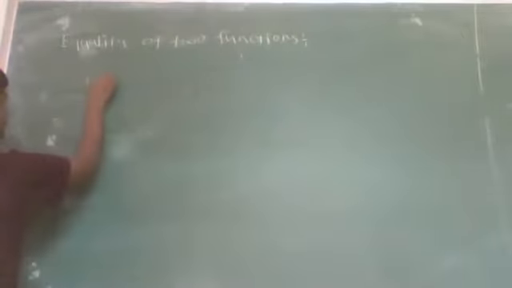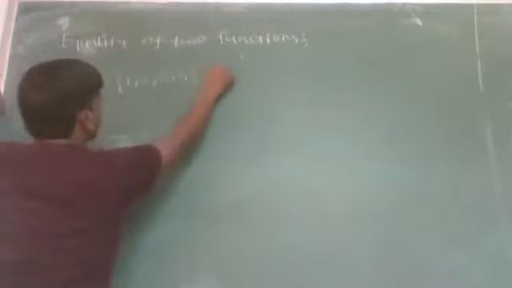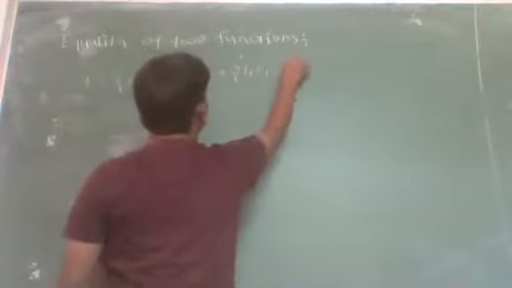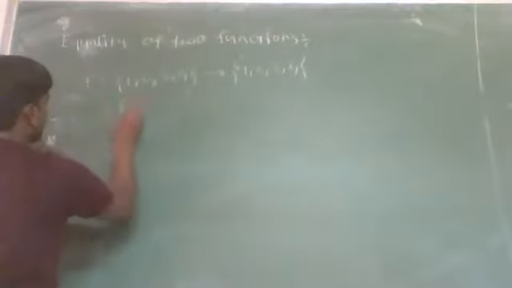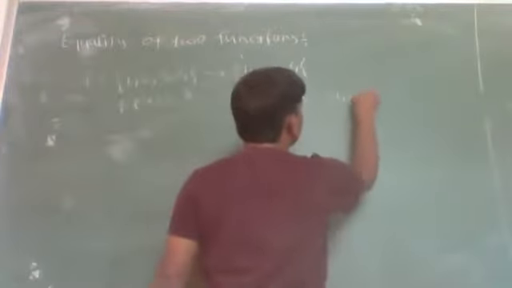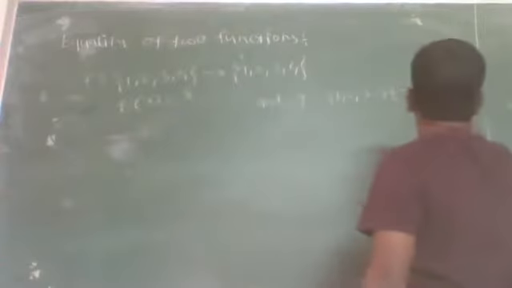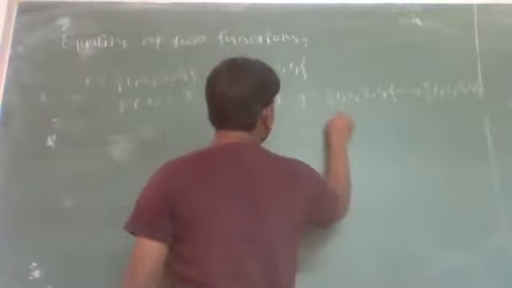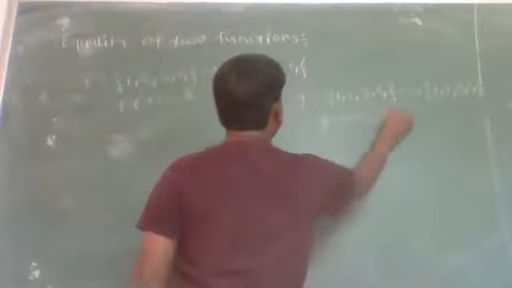For example, if f is a function defined from 1, 2, 3, 4 to 1, 2, 3, 4 in such a way that f of x will be equal to x, and g is also a function from 1, 2, 3, 4 to 1, 2, 3, 4 in such a way that g of x will be equal to x.